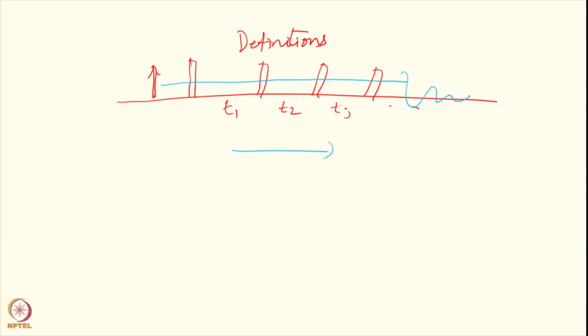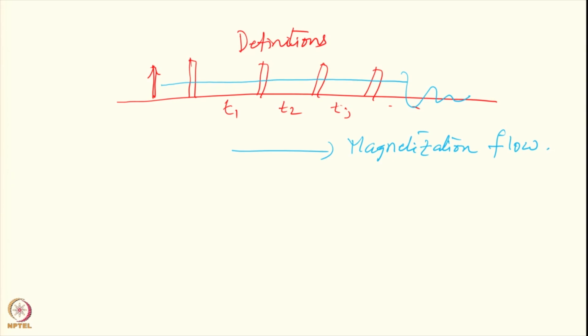This is called magnetization transfer, or magnetization flow. So, it goes from one state to another, from the T1 period to the T2 period to the T3 period and so on.